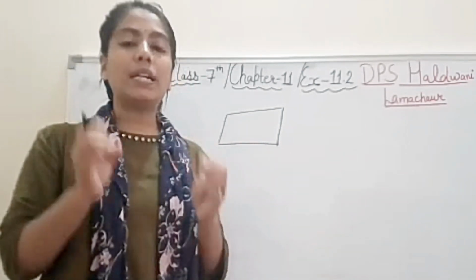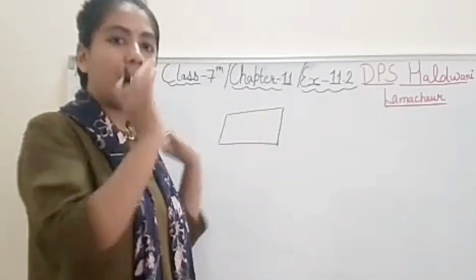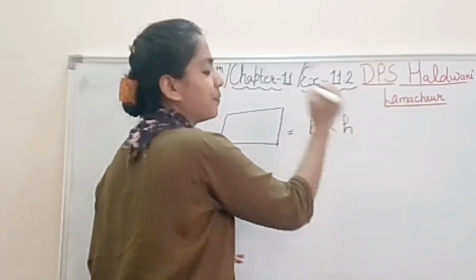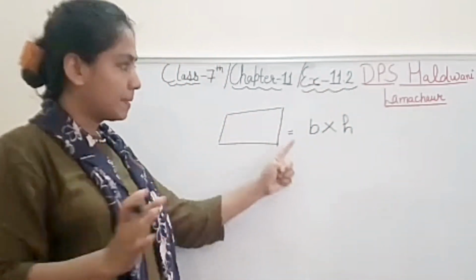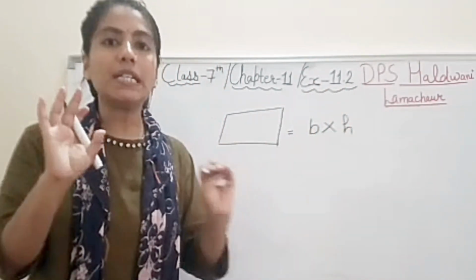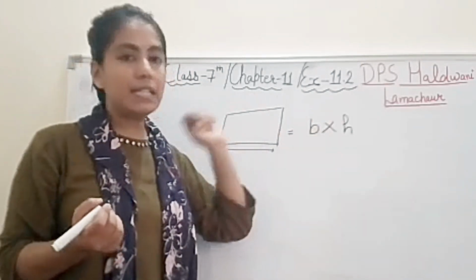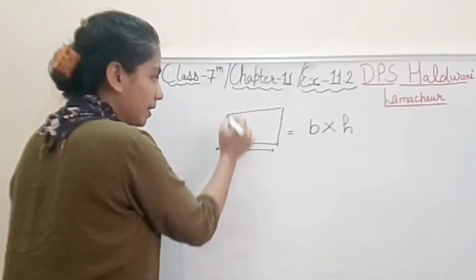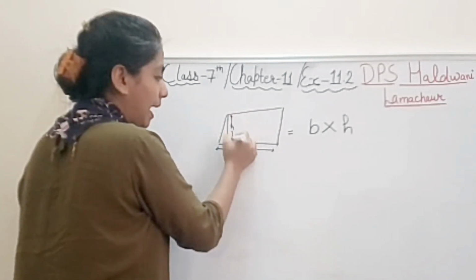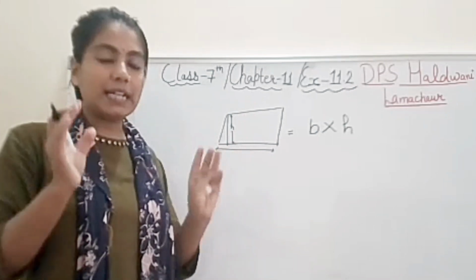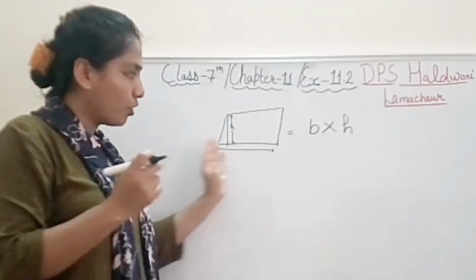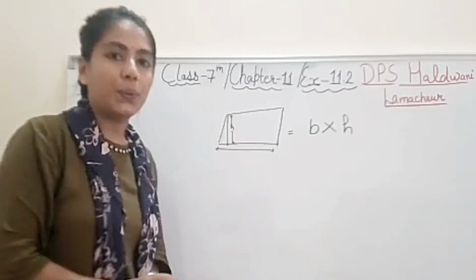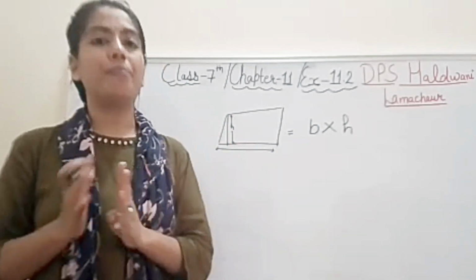Right, students? So the area of a parallelogram is equal to base into height. What is the base? This is the base. And what is the height? Height is from this; make a line. That is the height. As you know, for a parallelogram, this would be the height. Okay, so this is the area of a parallelogram.